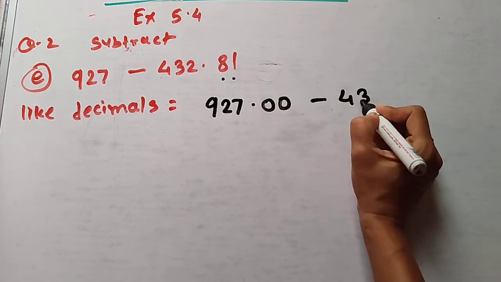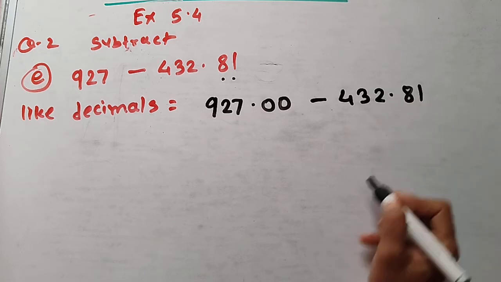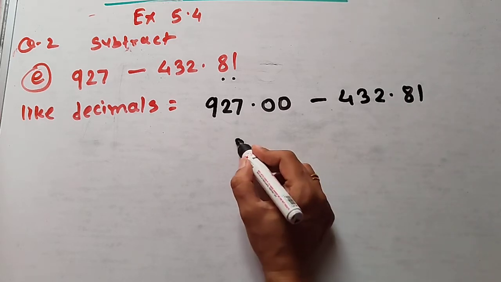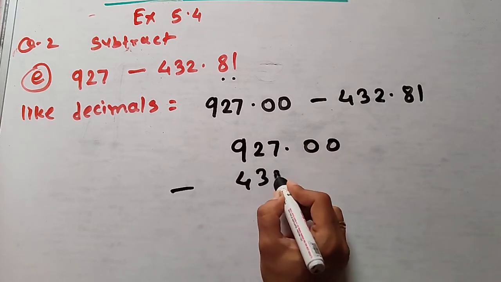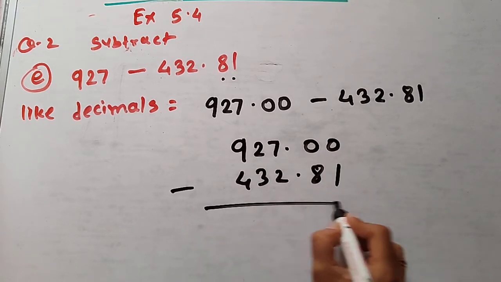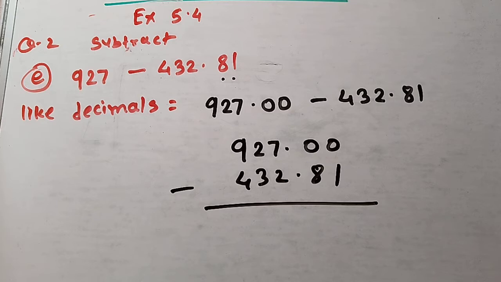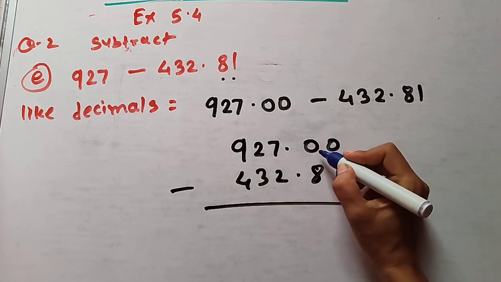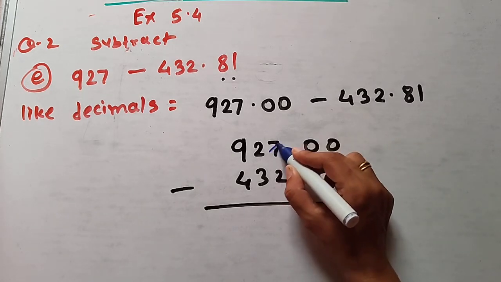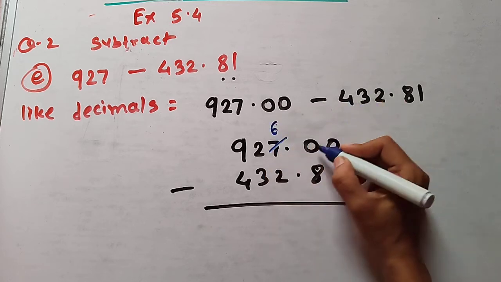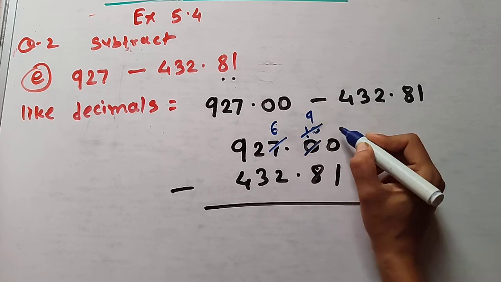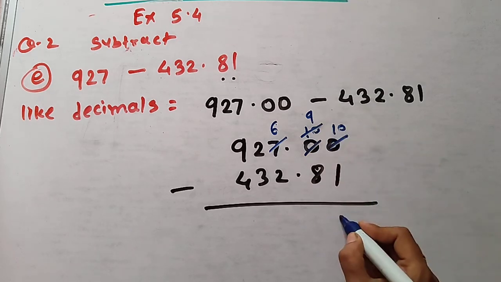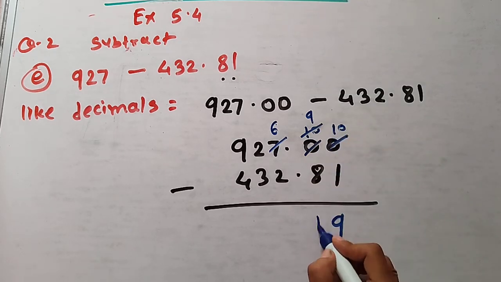Minus 432.81. Okay, now you have to subtract this. Now see here, 0 minus 1 is not possible. Again here are 0s, so you have to borrow from 7. So here we get 6, here we get 10. Again we borrow from 10, here we get 9 and here we get 10. 10 minus 1 we get 9, 9 minus 8 we get 1.